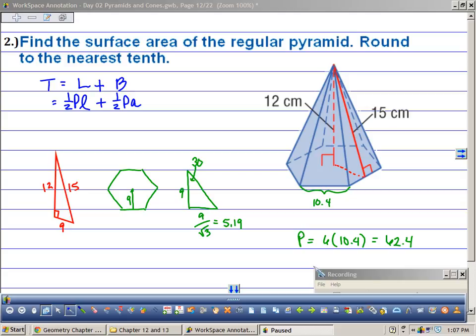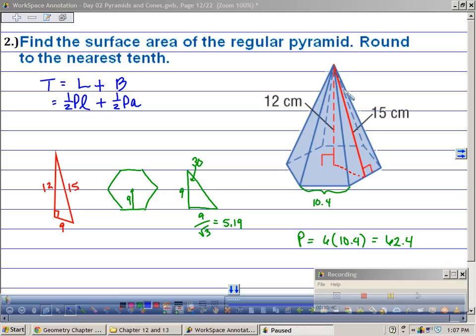Do I have all my pieces of information now? I do have the lateral height, that's 15. I have the perimeter. Isn't the perimeter of this figure, this perimeter and this perimeter the same? The perimeter of all the triangles and the perimeter of the base are both the same perimeter, right?